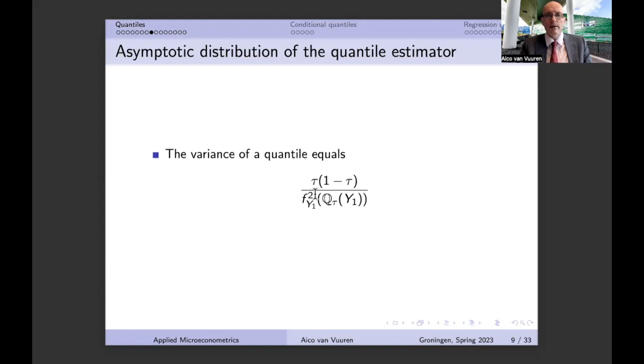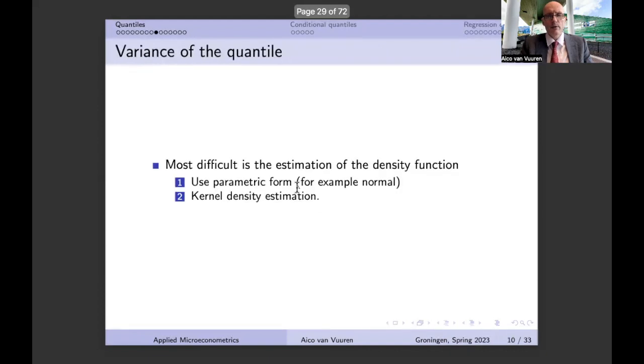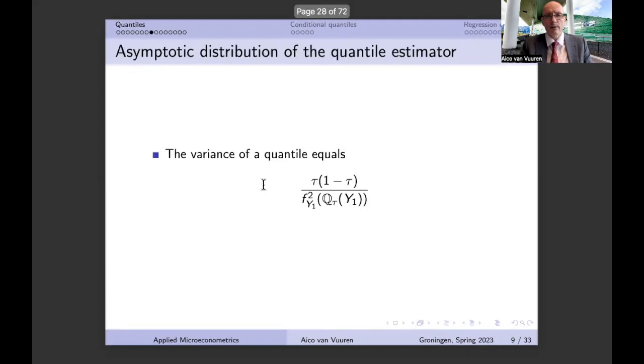Well, in the literature there are various ways to do it, and one way to do it is to simply use a parametric form. What we could do is that we are not going to assume that we know this density function completely, but that we know it up to a parametric form. We could have, for example, assumed that y1 is normally distributed, and then the only thing that we need to do is estimate the mean and the variance.